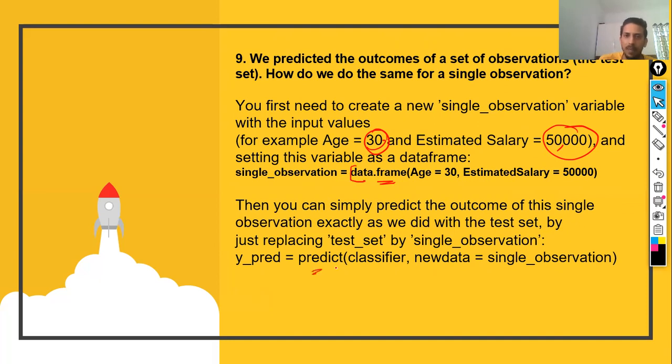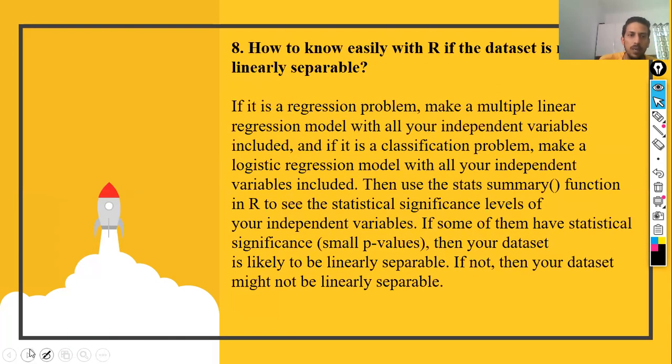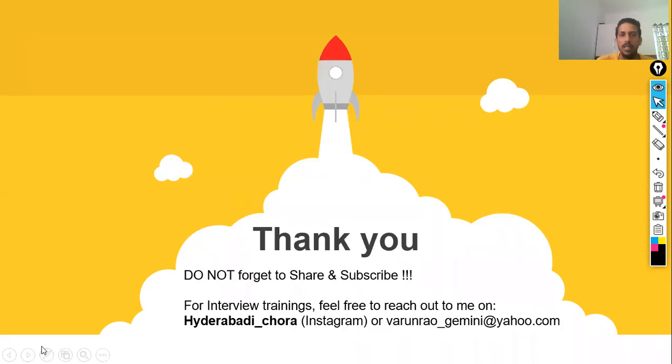And then I'm using predict, and this single observation, which is the variable here, is being given as the data in the predict. Again, the same values are the ones which you have at the top or at the bottom too. So this is how we work on these values.